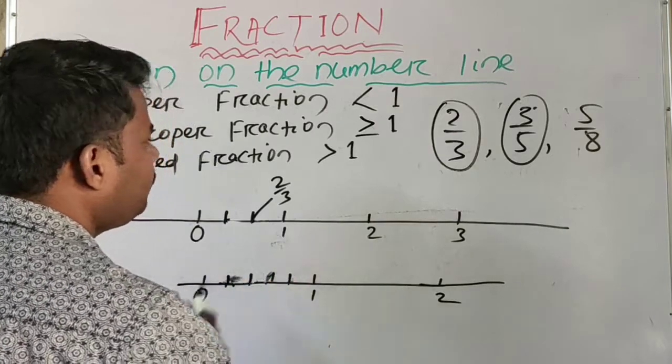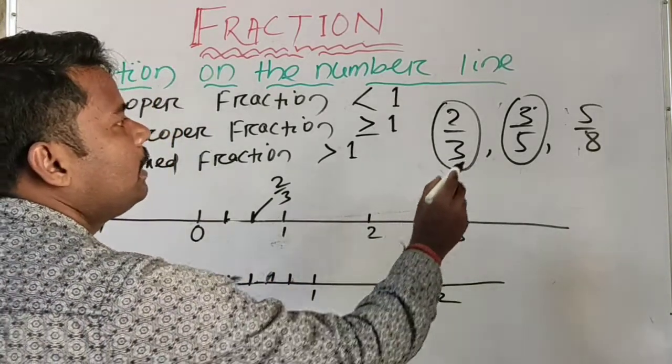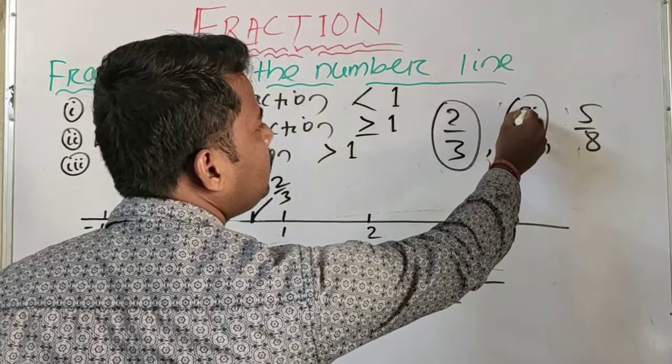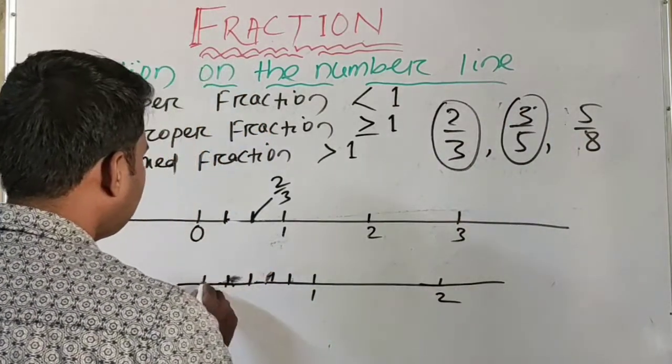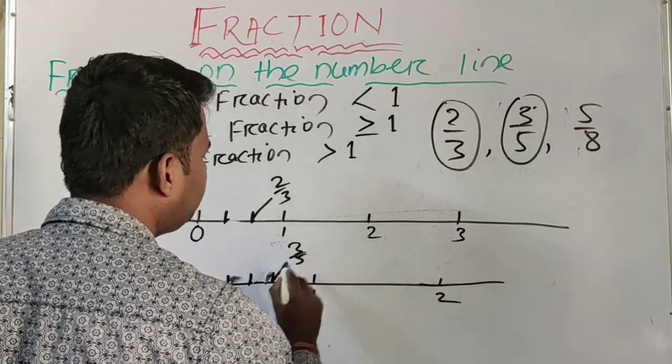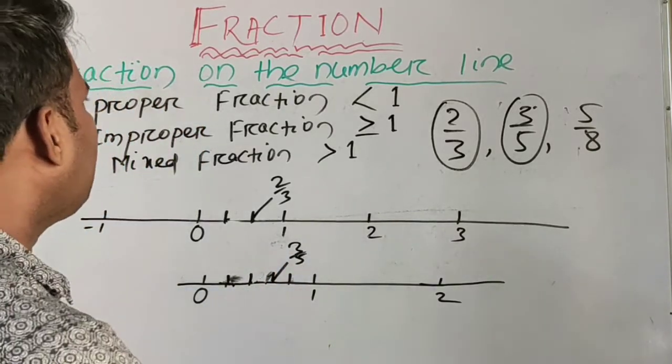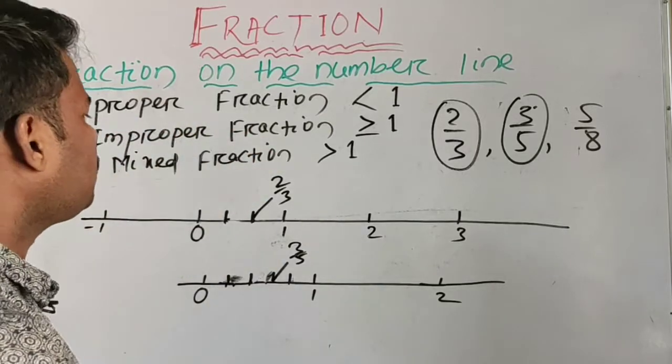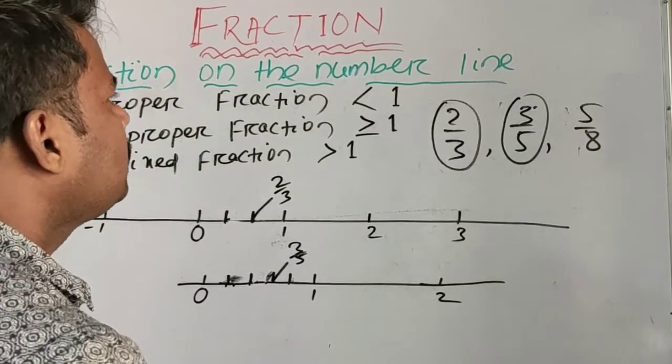One, two, three, four, 5 parts, and its numerator is 3, so we count 1 part, 2 parts, 3 parts, so 3 by 5. In this way we can represent all proper fractions on the number line.